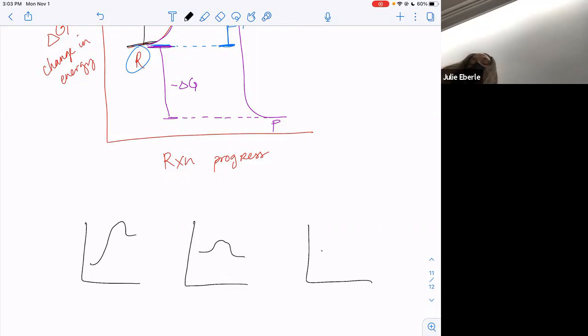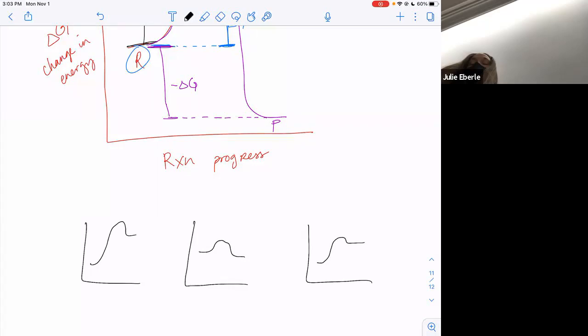Or maybe it has one like, I don't know. I'm just drawing a bunch of different stuff. Okay. You look at the size of the peak from the starting point of the line up. I mean, this one has the largest hill to climb, right? This one is the smallest hill to climb, and that's like a medium hill to climb.